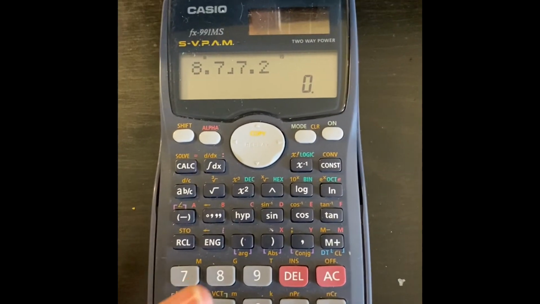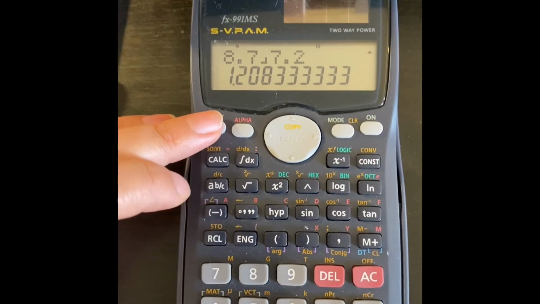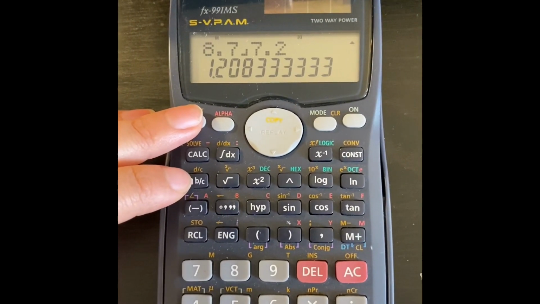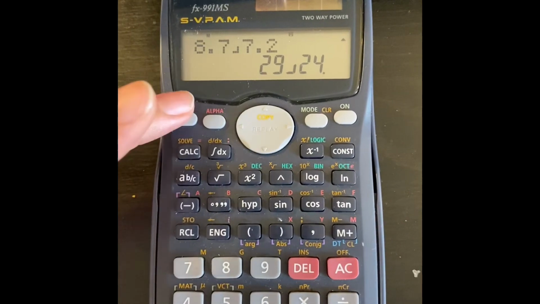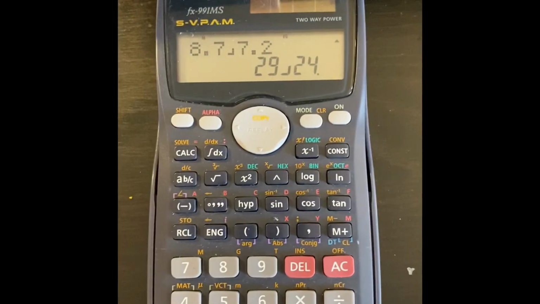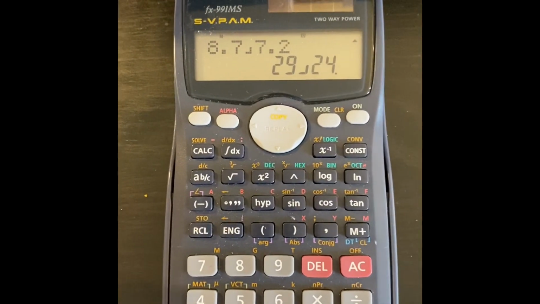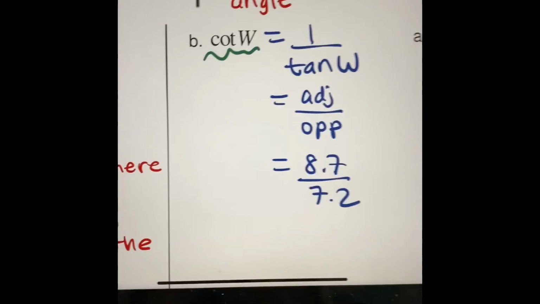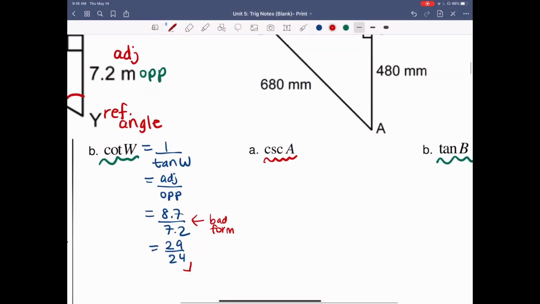There are algebraic ways to do this, but assuming you're okay with the algebraic way, the calculator will give me the decimal version. But if you play around with your calculator by pressing shift and the fraction button, you'll get the exact fraction. And so you usually want whole numbers within the fraction. So I'm going to change that up to equal 29 divided by 24 as a fraction.